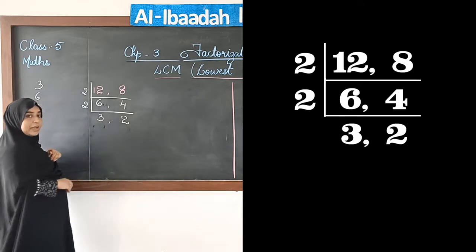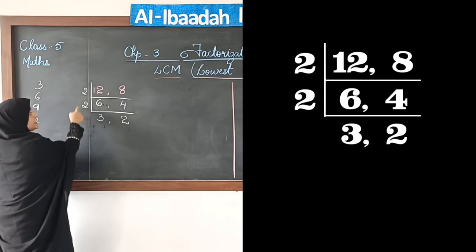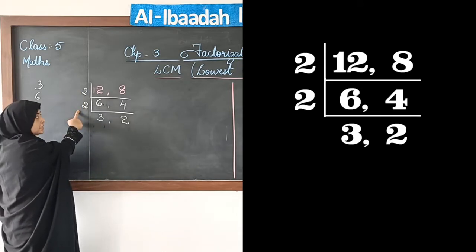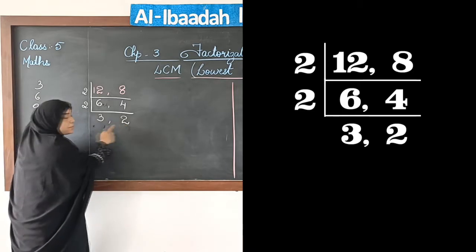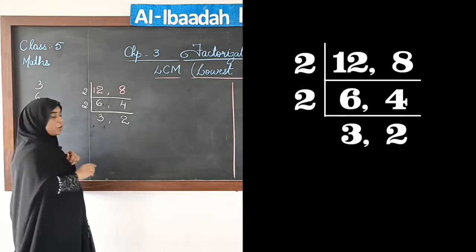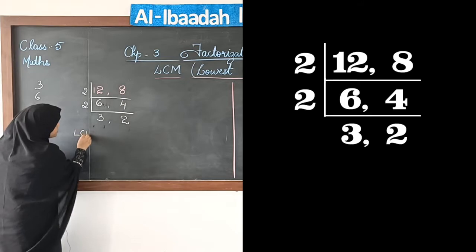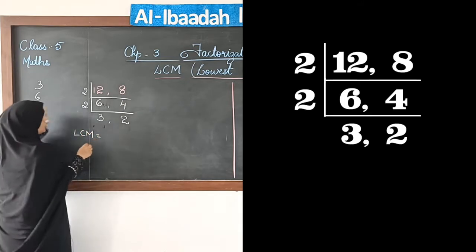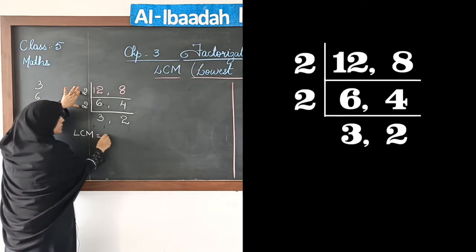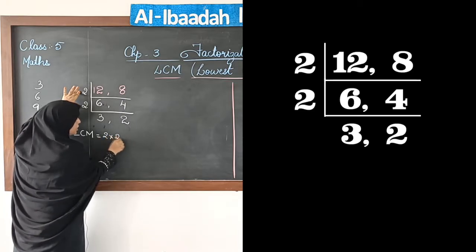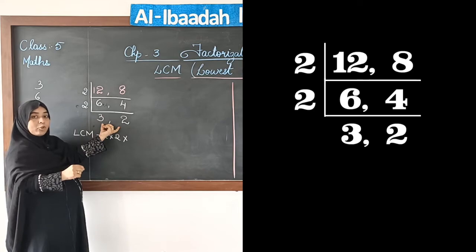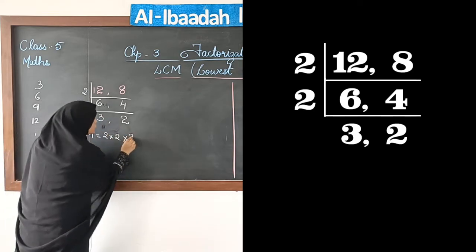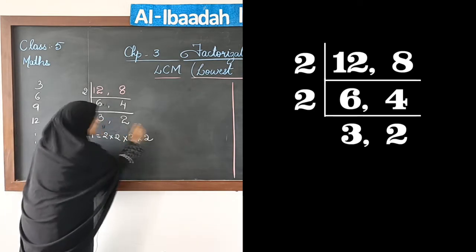Now what is the next step? We have to multiply the common factors that we have got, and we will multiply these prime numbers also. So the LCM is equal to the common prime factors 2 into 2, into the prime numbers that we have got here as remainders, those also we have to multiply.